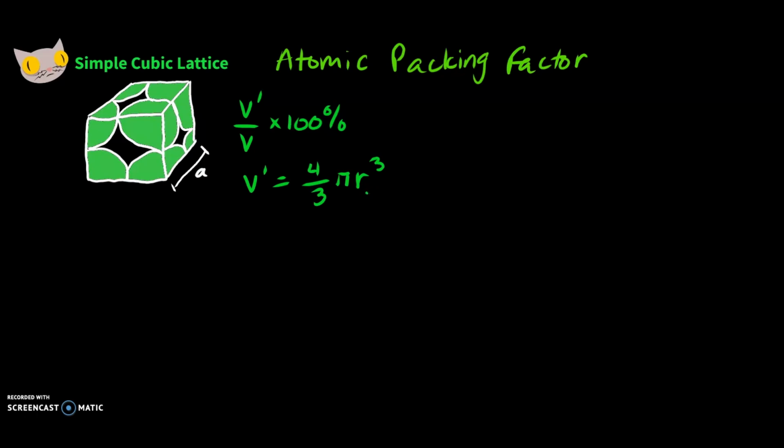R is the radius of the atom, and as we see here, that's going to be about half of the length of the side. So let's actually use this equation instead: 4/3 times pi times (a/2) cubed. And we're actually multiplying this entire value by 1 atom.